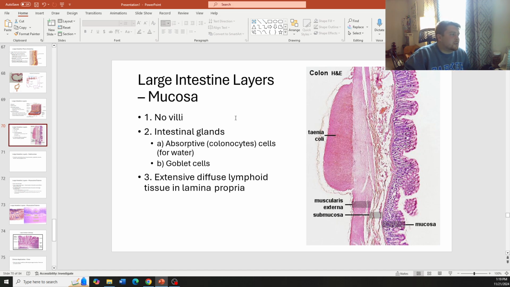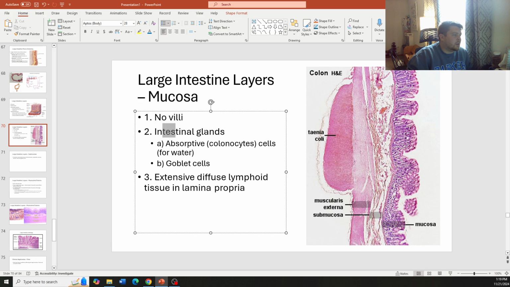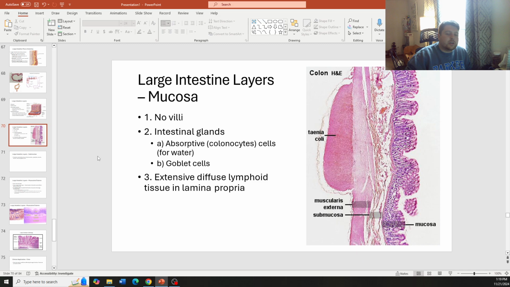In the mucosa layer, there are no villi, because we're not looking to absorb a bunch of stuff, we're just looking to absorb water, and we have instead these intestinal glands. We have colonocytes, which are absorbing water, and we have goblet cells, which secrete the mucus, again to help things to be lubricated and as well as to be protected from the material inside of the large intestine.